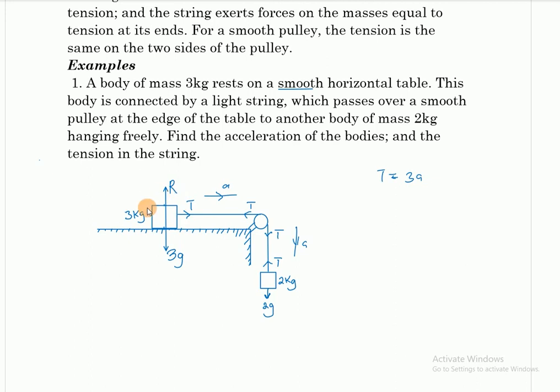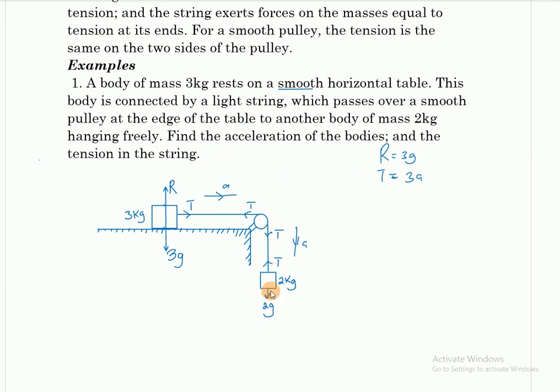So for the forces on the 3 kg body, there is no resistance, so the resultant force is the tension, which is equal to ma, where m is the mass of the body involved, so we have 3a. Then there is no vertical motion, so we have that R is equal to 3g. That one is also there, but they don't want us to find that R.